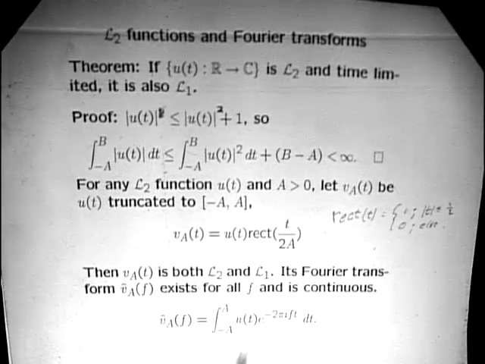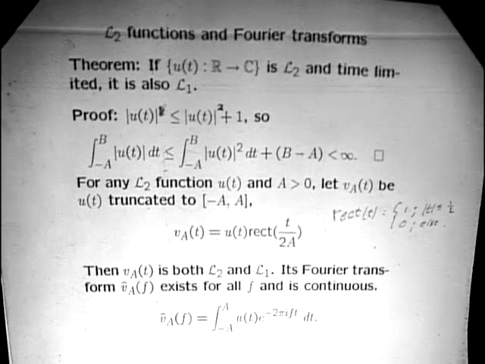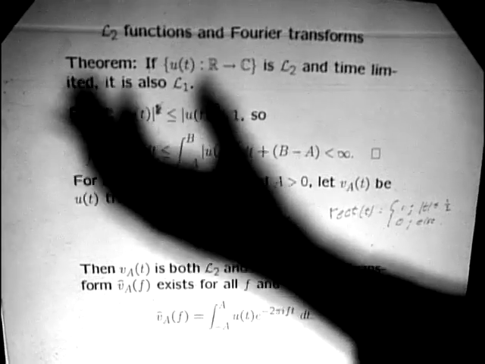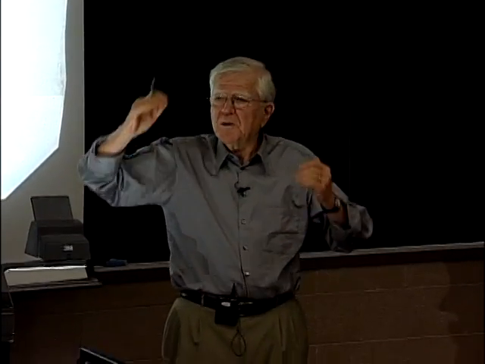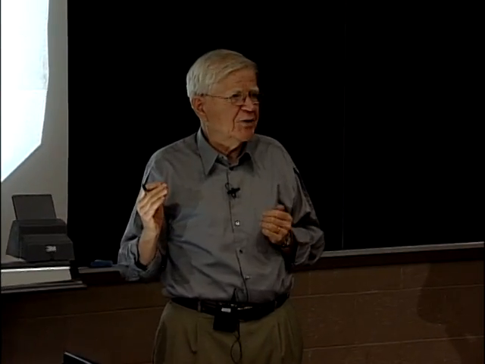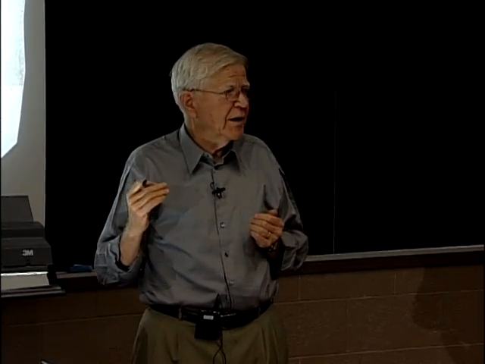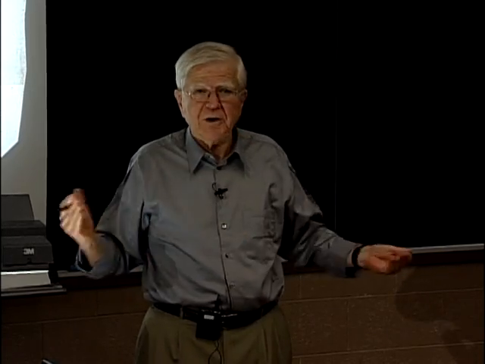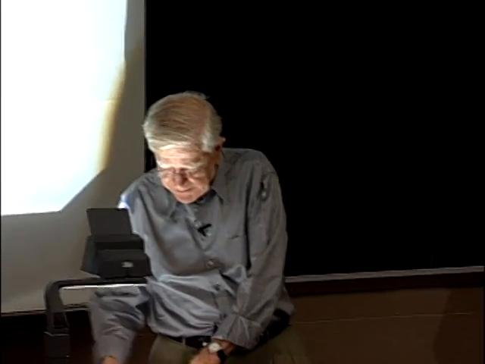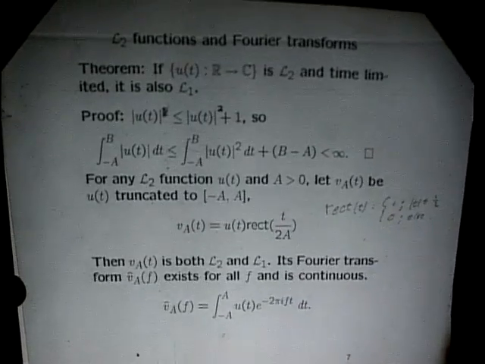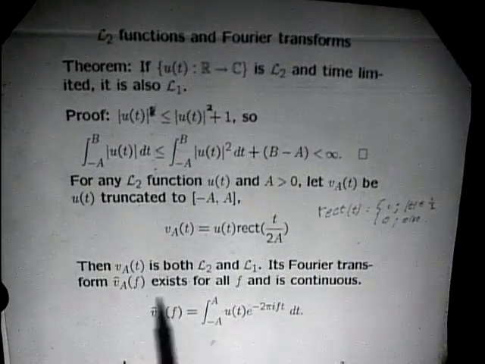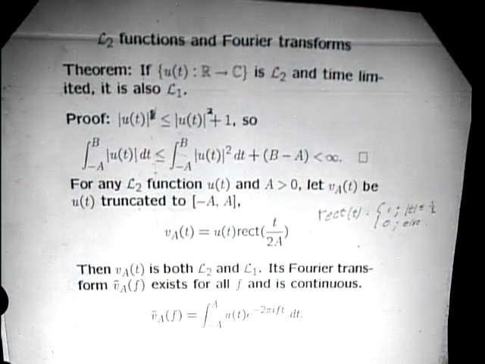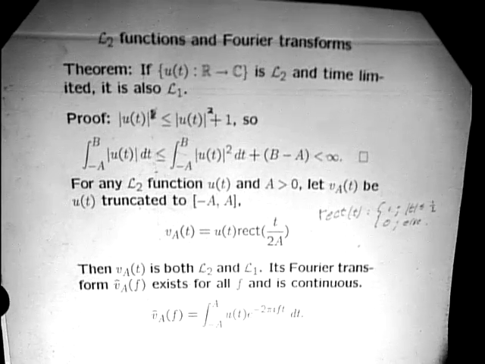Because when a gets extraordinarily large, if there's anything of significance that happens before 10 to the minus 6 years, or which happens after 10 to the plus 6 years, and you're dealing with electronic speeds, your models don't make any sense. Okay? So for anything of any interest, these functions are going to start approximating u of t, and therefore we hope this will start approximating the Fourier transform of u of t.